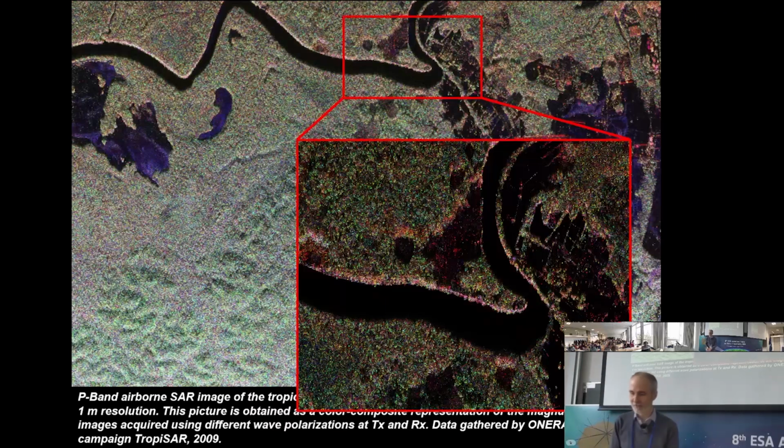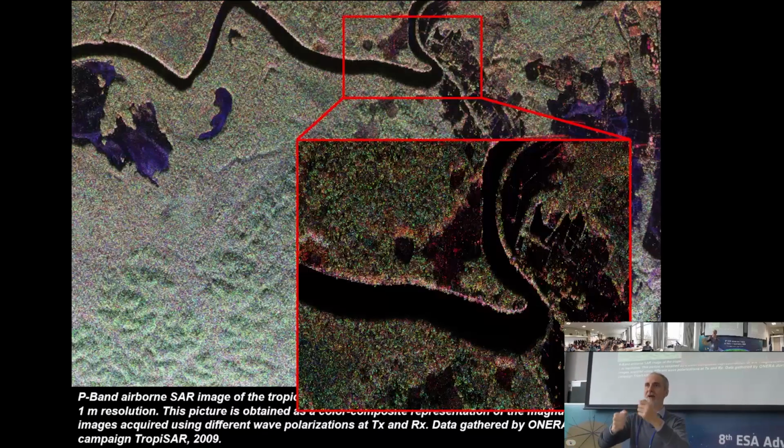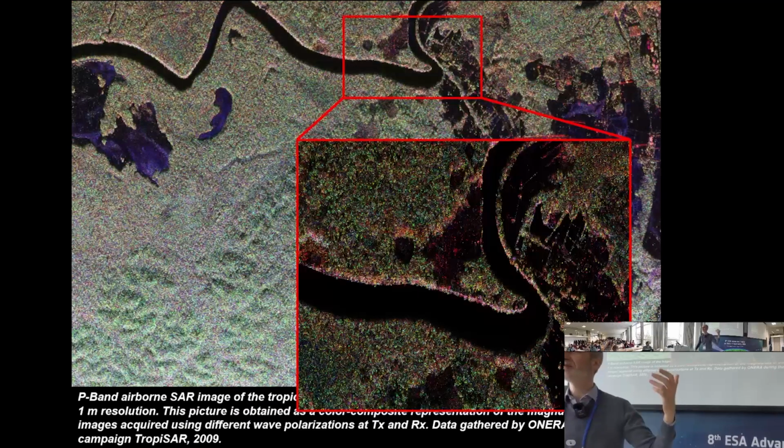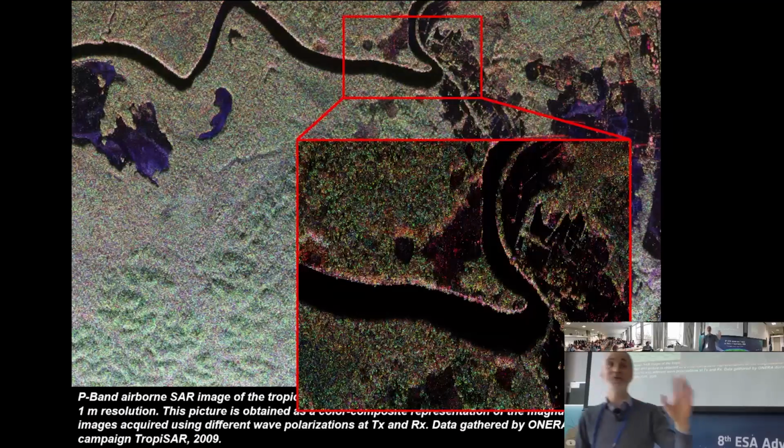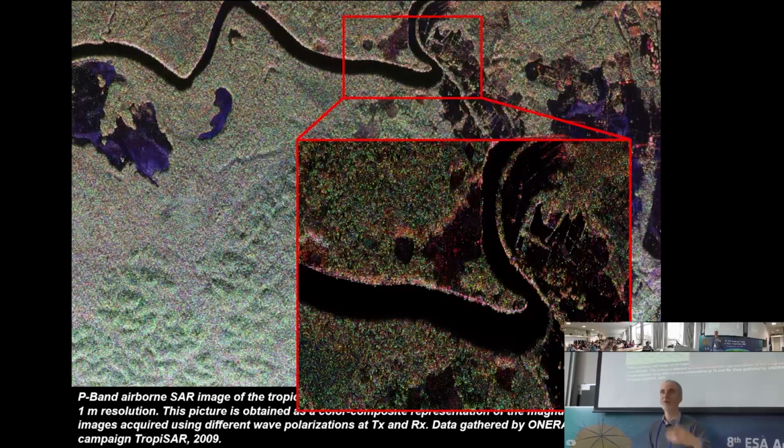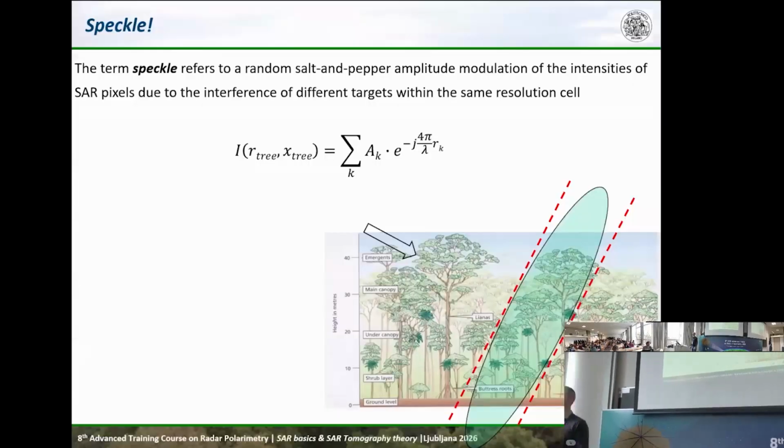So it's like you had different brushes, one with dark green, the other with bright green, and you are going like ta ta ta ta. This is what it looks like. So it's quite different from an optical image. Why? Because of interference.